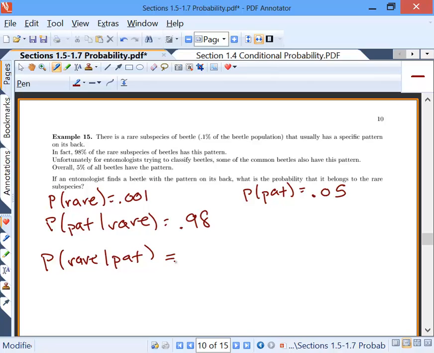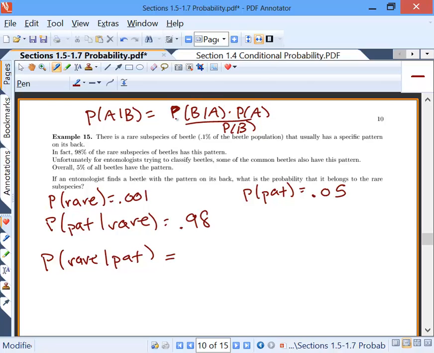Looking up at the previous page, what do I need to write down? How do I translate my A's and B's into rare and pattern? I will write it at the top of the page for you. So this is our formula.